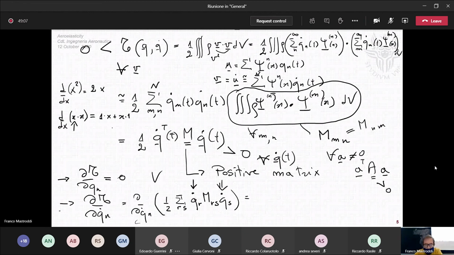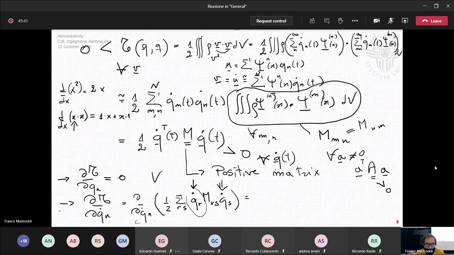And therefore, when you derive this with respect to the nth Q dot, where r runs over 1, 2, 3, 4 in the summation, you have 1 when you are lucky and r is equal to n. In the other case, 0. Therefore, in the first derivative the r summation is suppressed, and you freeze it at r equal to n.